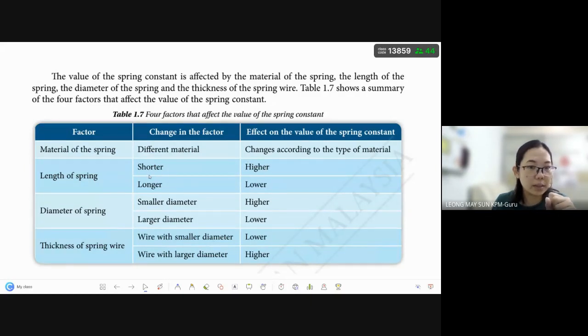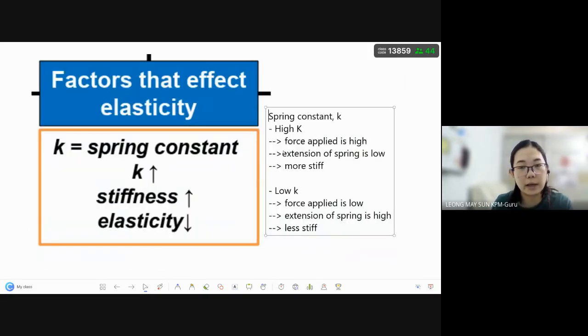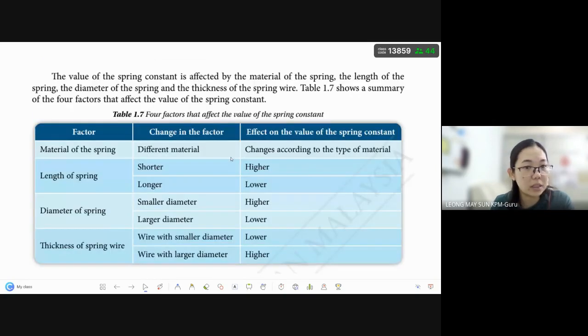Higher spring constant means the force applied needs to be high in order for it to extend a little bit. So a higher spring constant means it is more stiff. So a shorter length of the spring means it is more stiff, more difficult to extend.